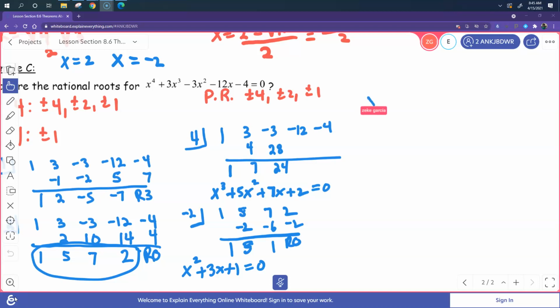So here is my quadratic formula: negative b plus or minus square root of b squared minus 4ac, over 2a.